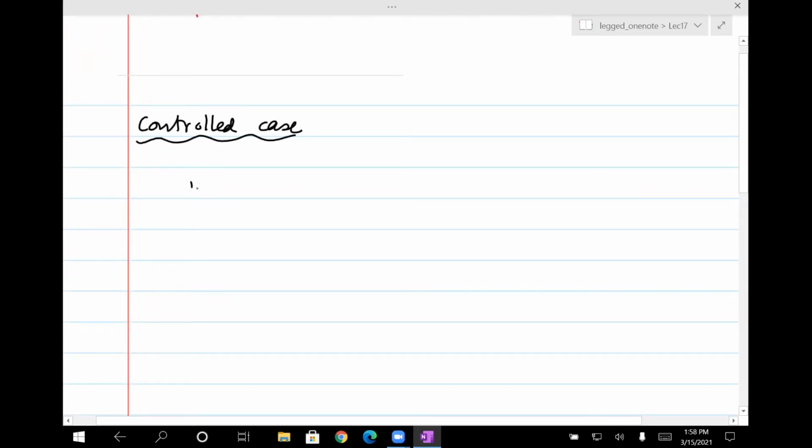Okay, so now we take the controlled case, where we have m x double dot plus c x dot plus k x equals f. We will choose f to be minus Kp x, sorry, minus Kp x minus Kd x dot.